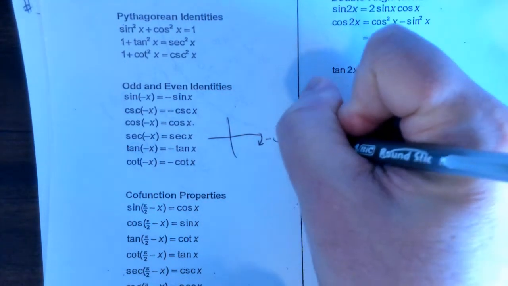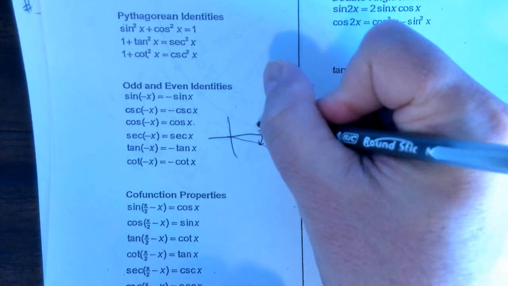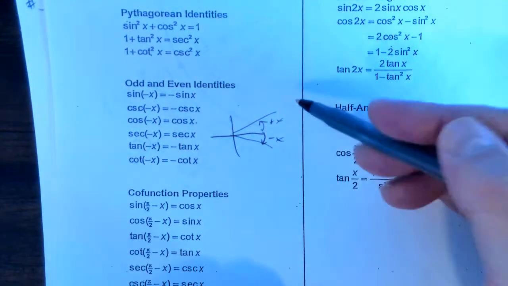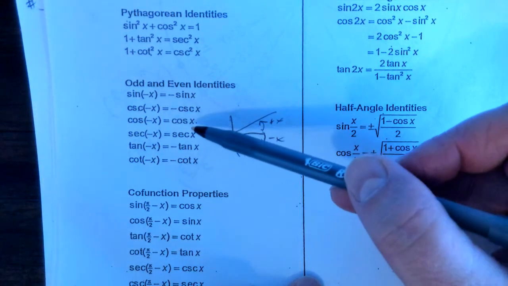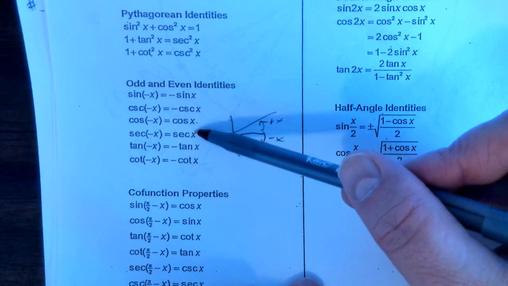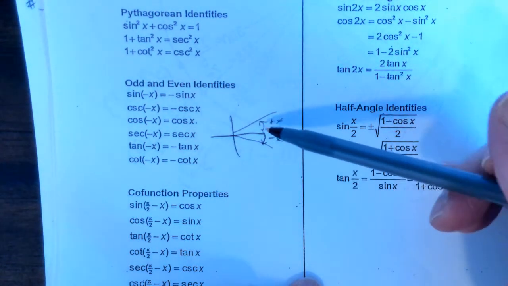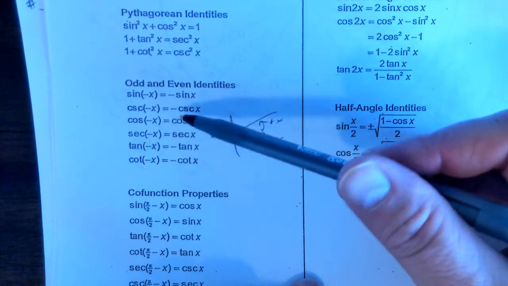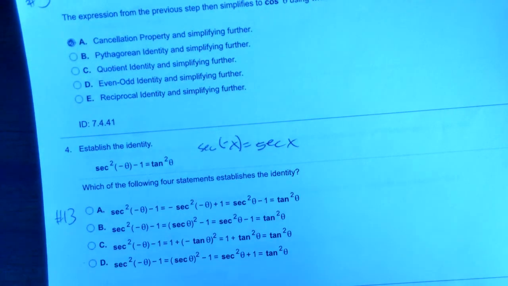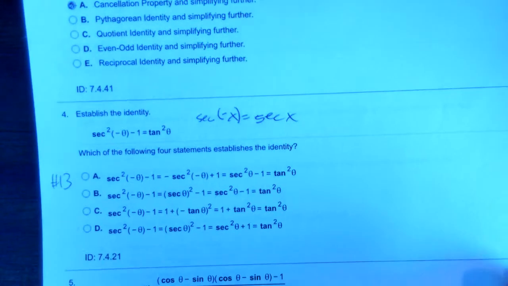So your negative x means goes backwards, and positive x would go forwards. So for cosine and secant, those are the same. But for everything else, you've got to have a negative sign in front. So cosine and secant work that way.